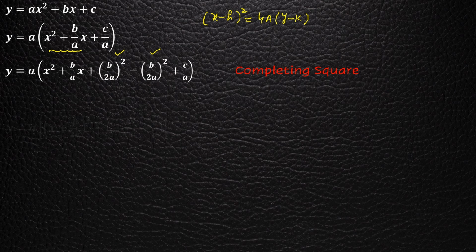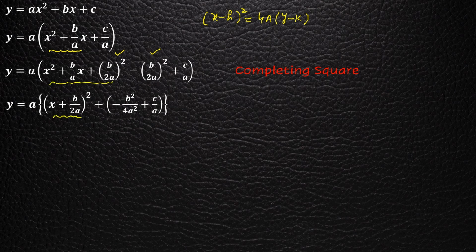After simplifying, we get y is equal to a into x plus b over 2a whole square plus minus b square over 4a square plus c over a. Here, the square has been closed as x plus b over 2a whole square.